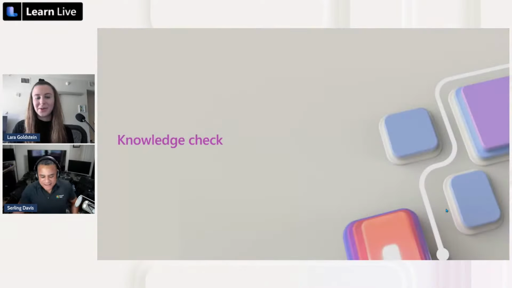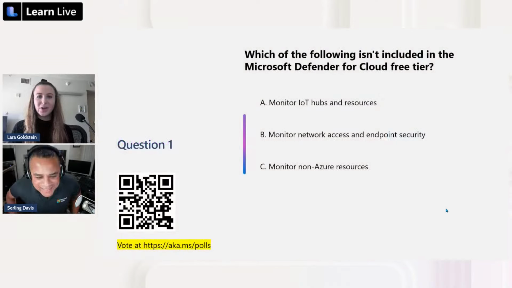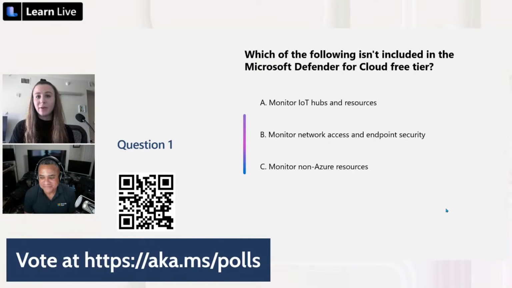All right. So if you've been following along, we do have our knowledge check now. The first question we have is, which of the following isn't included in the Microsoft Defender for Cloud free tier? A, monitor IoT hubs and resources. B, monitor network access and endpoint security.